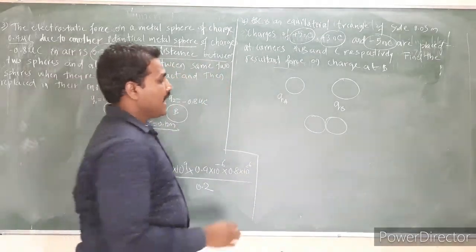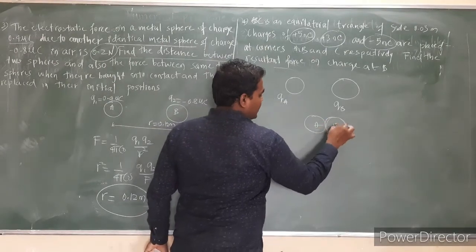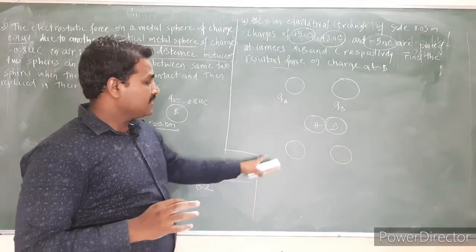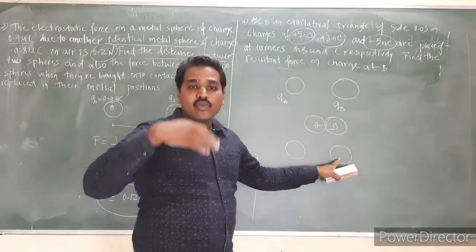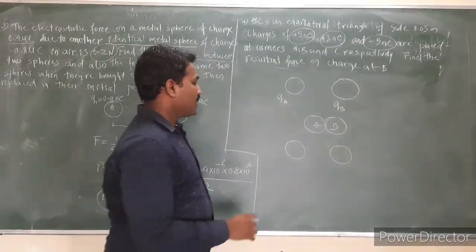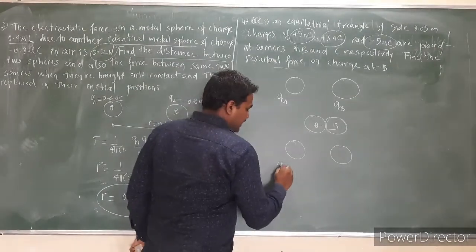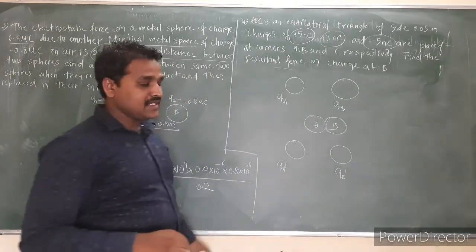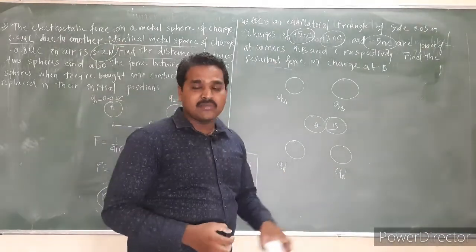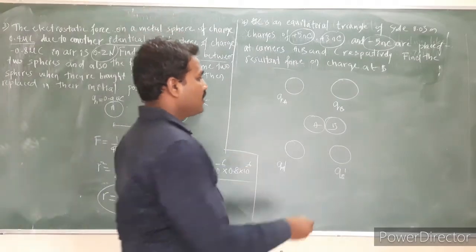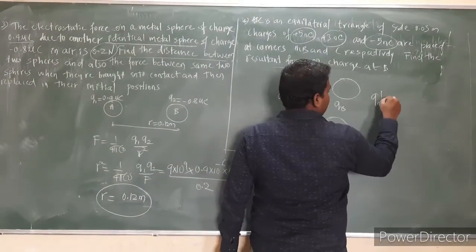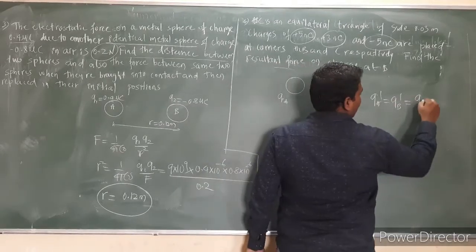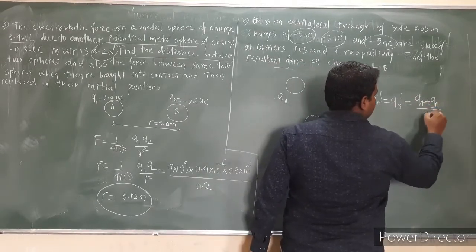When the spheres are separated again, they will have new values of electric charge, which I write as QA dash and QB dash. The redistribution will be such that QA dash equals QB dash, which equals (QA + QB) divided by 2.